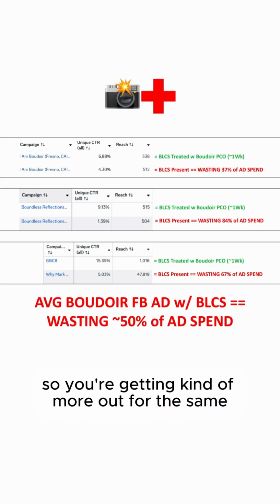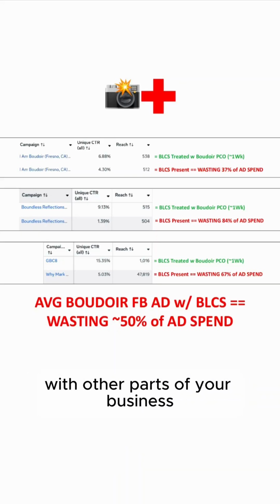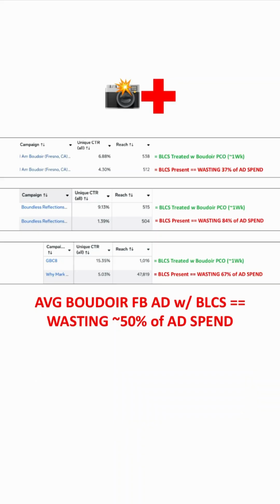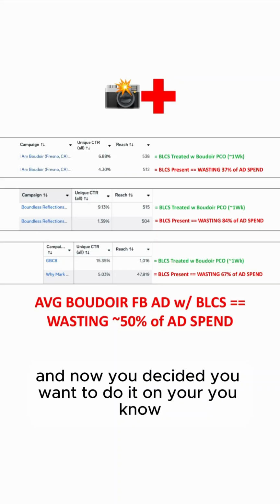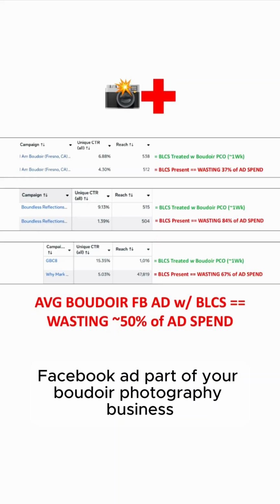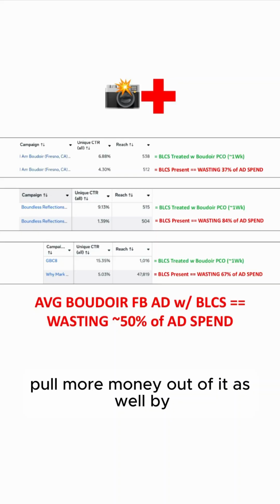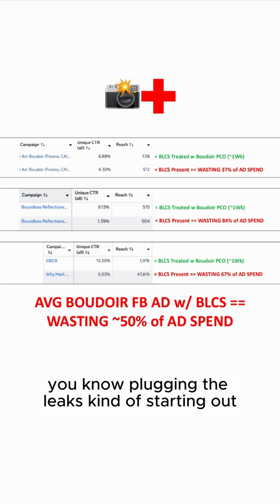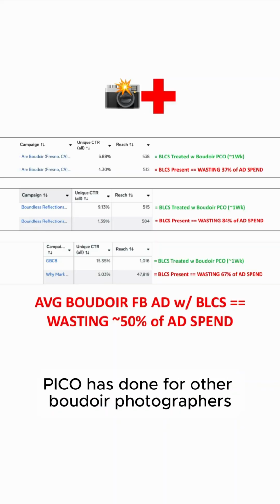So you're getting more output for the same inputs, being more efficient. You've already done that with other parts of your business, optimizing for the dollars on those parts. And now you decided you want to do it on the Facebook ad part of your boudoir photography business. You want to become way more efficient, pull more money out of it as well by plugging the leaks, and you're seeing what Boudoir Pico has done for other boudoir photographers' Facebook ads.